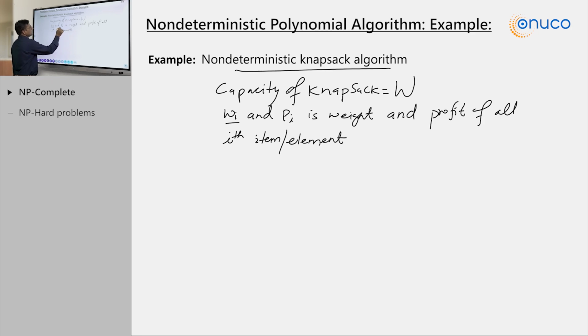W of i and P of i are the weight and profit of the ith element. It means element 1 will have its weight and profit, element 2 will have its weight and profit, and so on.